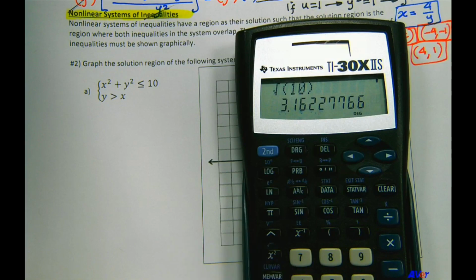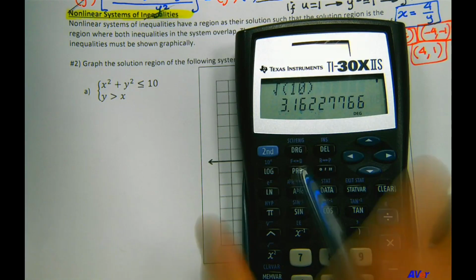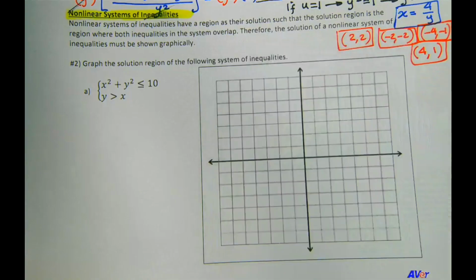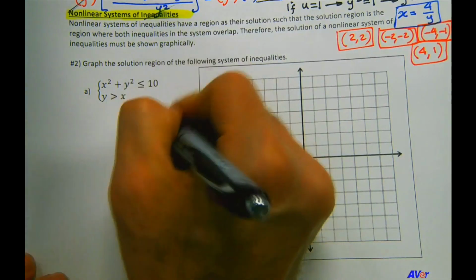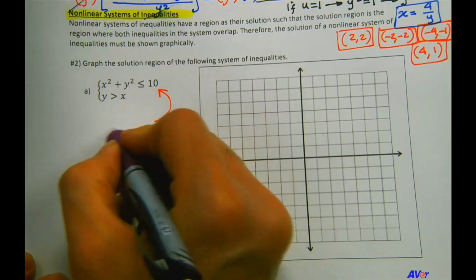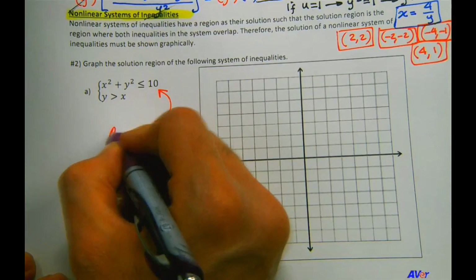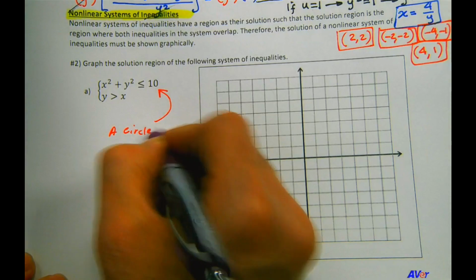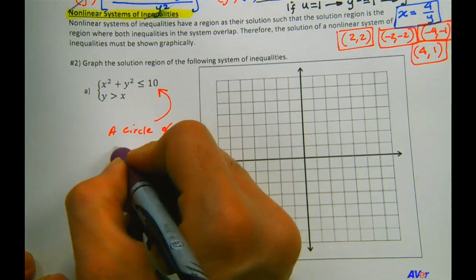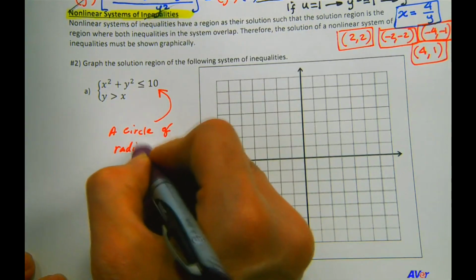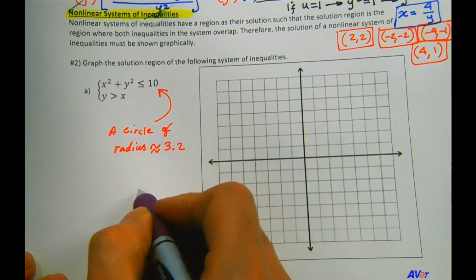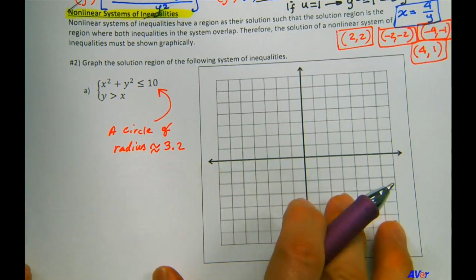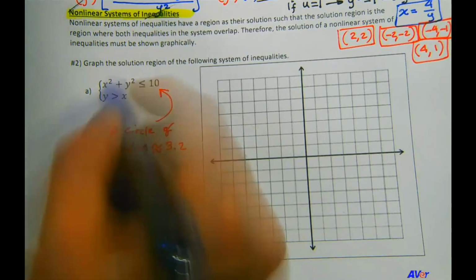Let's say 3.2, right? 3.2 radius. So this is a circle of radius almost 3.2.